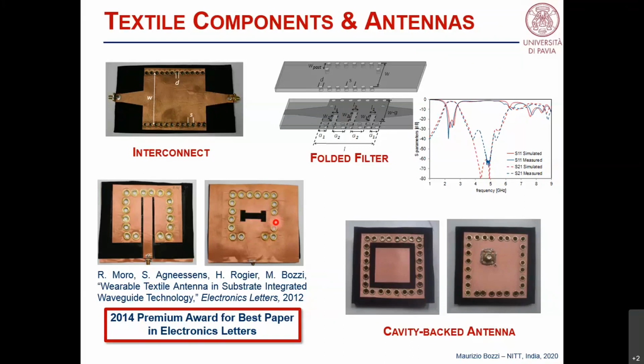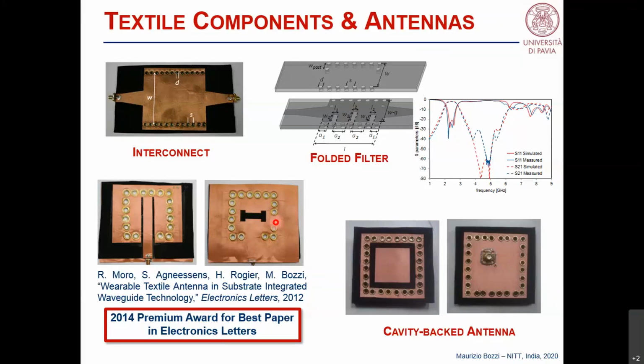So when you measure a patch antenna or a simple slot antenna in an ideal condition, they work perfectly. When you mount them on clothes, the movement of the arms or the movement of the body creates a shift of the operation frequency.